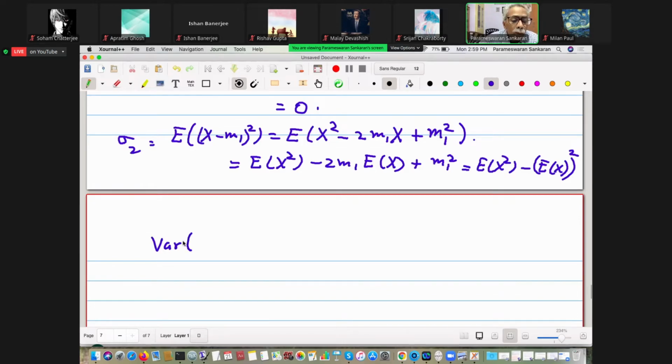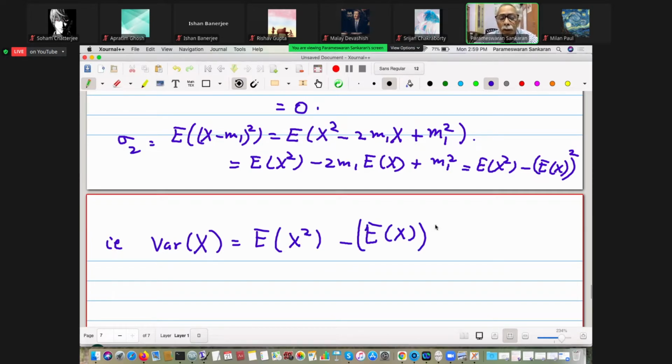So I write that the variance of x is equal to the expectation of x square minus the expectation of x, the whole square. Sometimes we even omit the bracket and simply write square here. You should understand it. The moment you understand that the expectation is a number, the square makes perfect sense.